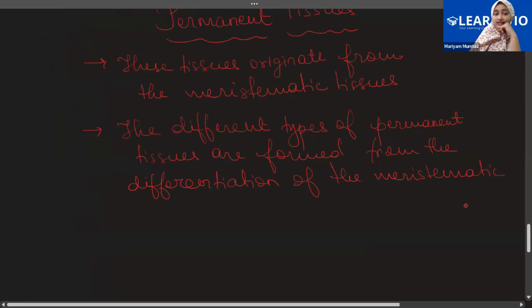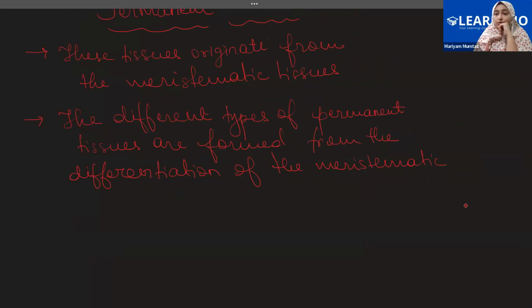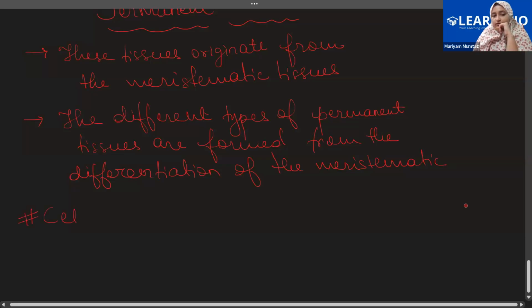Now, talking about what is cell differentiation, like we have mentioned the word differentiation, so we should know what differentiation means. So we'll write one note about cell differentiation also, so that you people don't get confused further on.